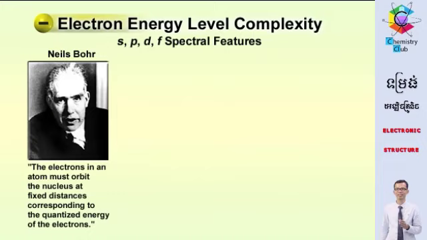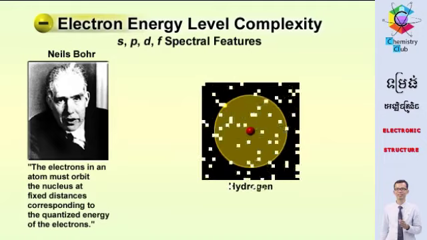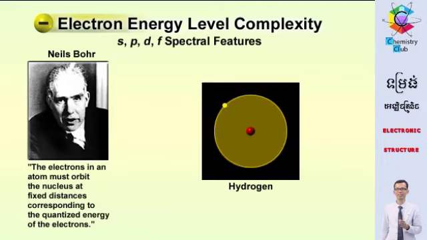The S, P, D, and F spectral features suggested that the quantum theory, which explained electrons traveling around the atom in orbits at fixed distances from the nucleus, needed to be modified to provide a more complete explanation for elements other than hydrogen.